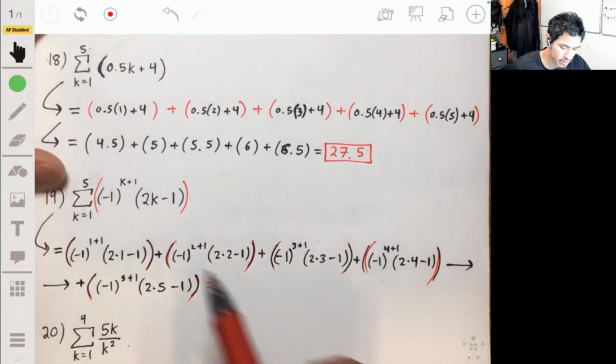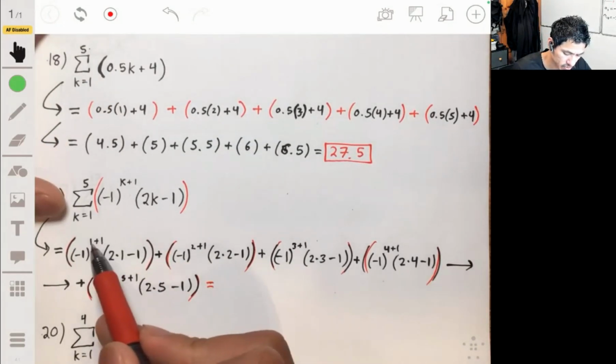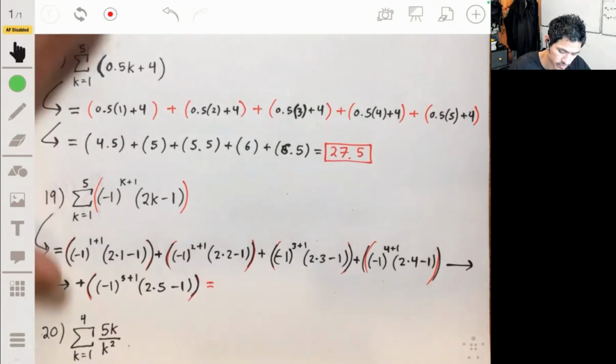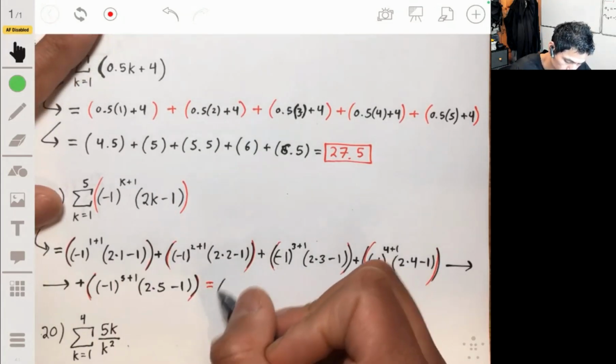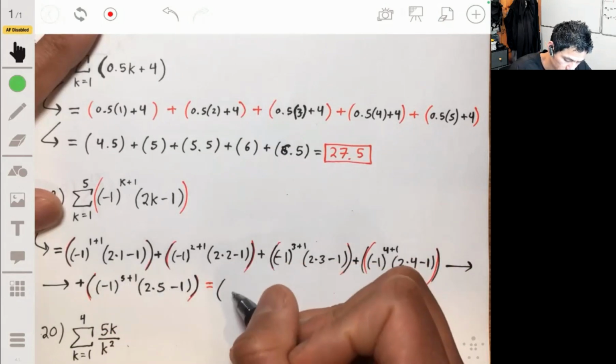Okay, so breaking this down, this is -1 to the 2, which will be +1.